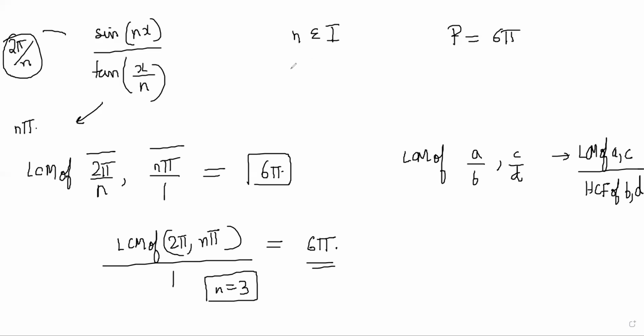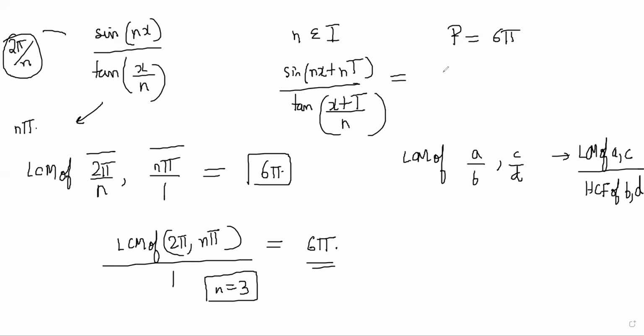You could have thought about what is the value of n that will satisfy this equation: sine of nx plus nt by tan of x plus t by n is equal to sine of nx by tan of x by n. T is the smallest possible value for which this is true, and actually t is 6 pi.